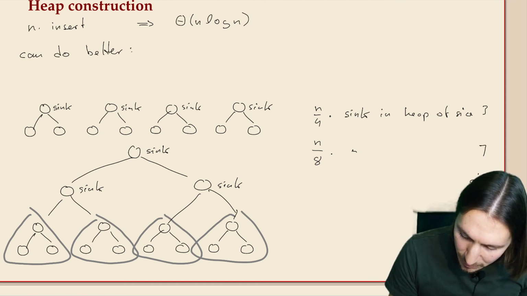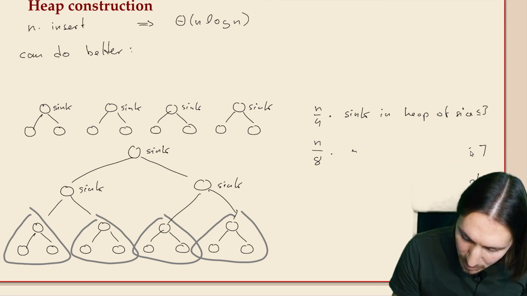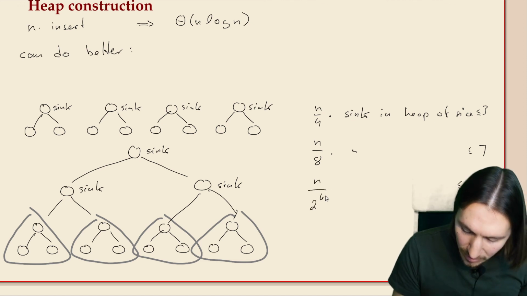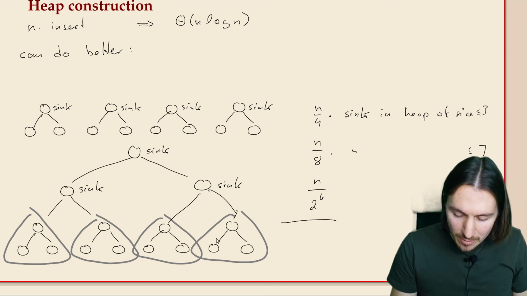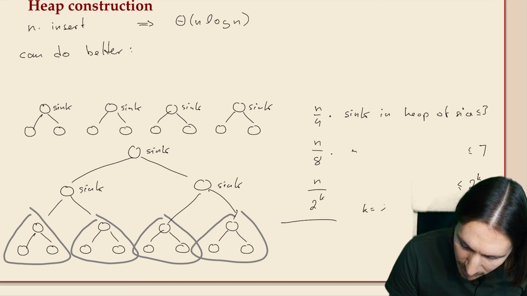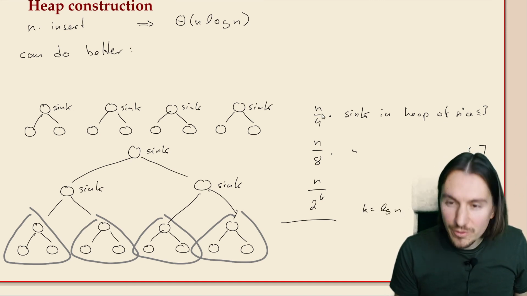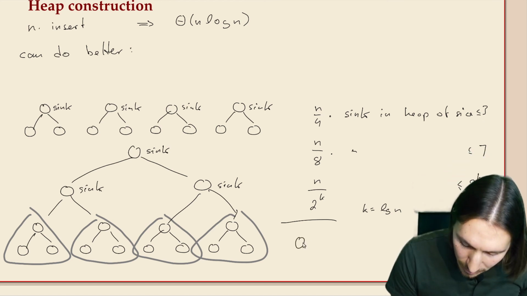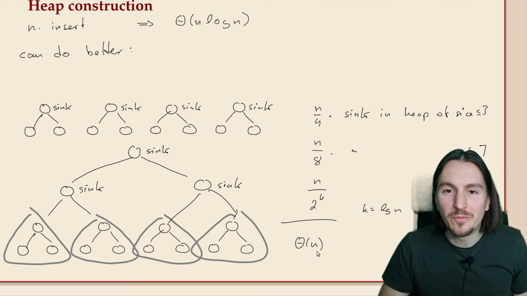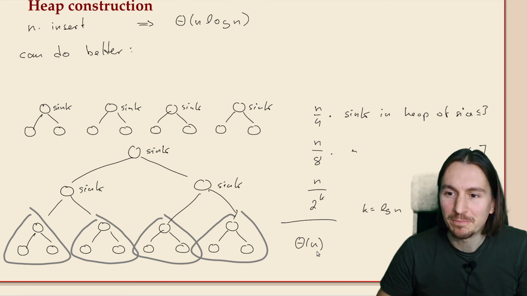This is always a power of 2 minus 1 at most. The last one could be smaller. And here you divide n by 2 to the k. Now, if you sum this all up, you will stop when k is log n. And so summing these all up, because most of the insertions of elements are in small heaps, the total cost is linear for this heap construction if you do this bottom-up merging of heaps together.